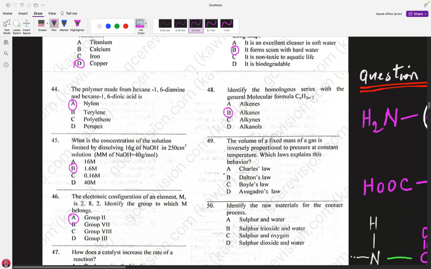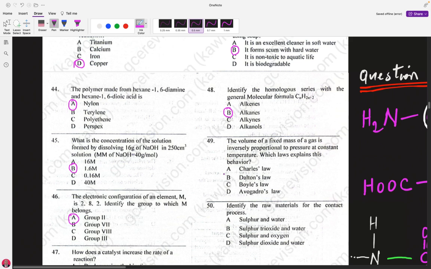Boyle's law is inversely proportional. As the volume is increasing, the pressure is decreasing. As the pressure is increasing, the volume is decreasing. That is Boyle's law. So the volume of a fixed mass of gas is inversely proportional to its pressure, provided the temperature is constant.